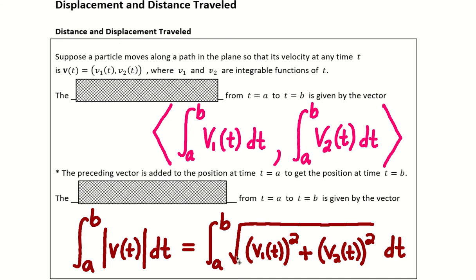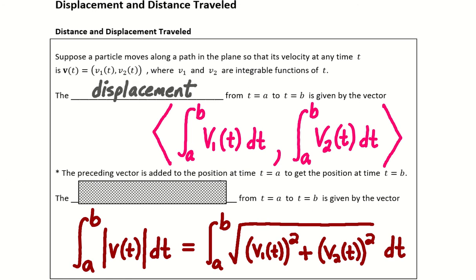Some quick definitions that you need to make special note of. Essentially, they are formulas, okay? Pretty much formulas. If you have a velocity vector, the displacement would essentially be this vector.